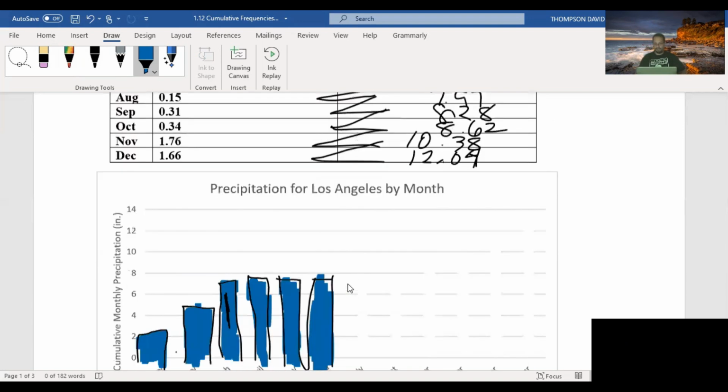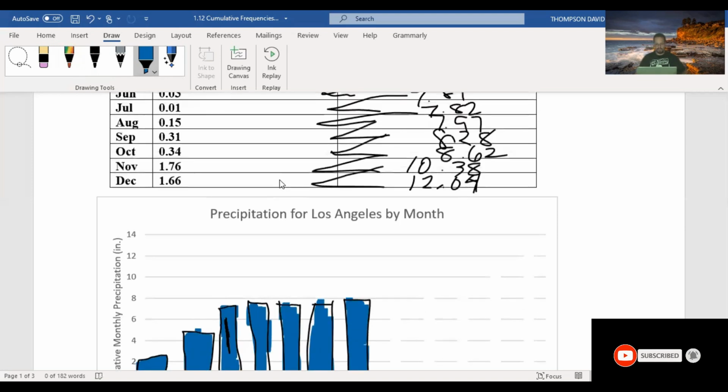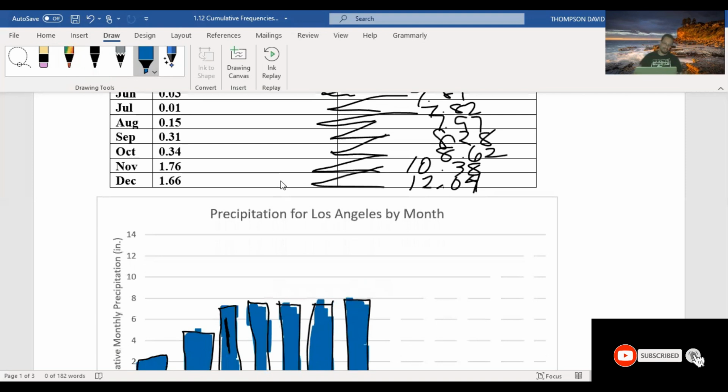Okay, then we have the 7.82, which is a little bit closer to 8, for July. And we fill it in. Then August is 7.97.